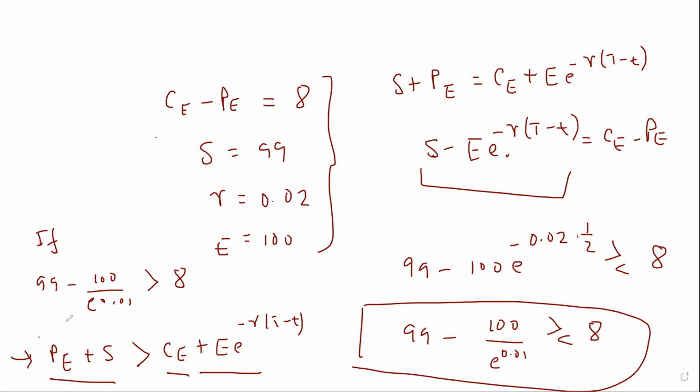You should go short on a stock and short on a put and get this much money, P plus S. Then you buy a call and borrow that e to the power whatever. The remaining money which you have, that's left in your wallet, that's your arbitrage. Yes, sir. Got it. So depending on which side is greater, you go short and long accordingly.